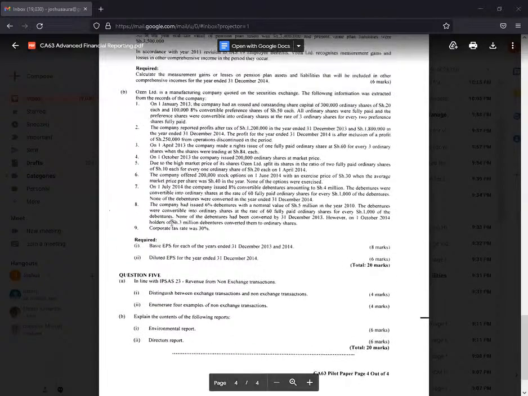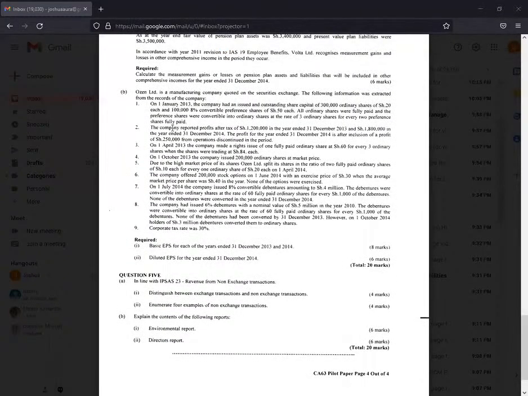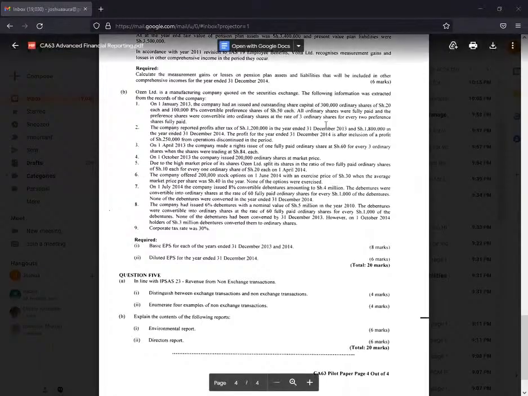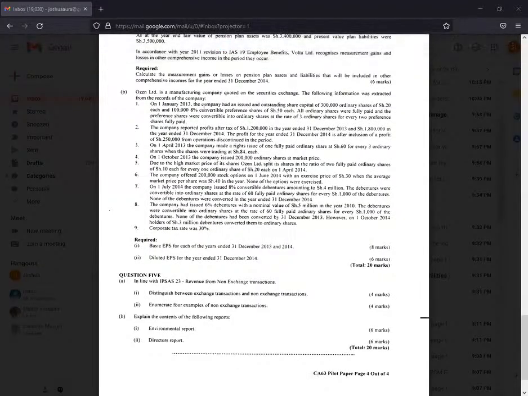We are told here, CKC Limited is a manufacturing company quoted on the Securities Exchange. The following information was extracted from the records of the company. On 1st January 2013, the company had an issued and outstanding share capital of 300,000 ordinary shares of shillings 20 each and 100,000 8% convertible preference shares of shillings 50 each.